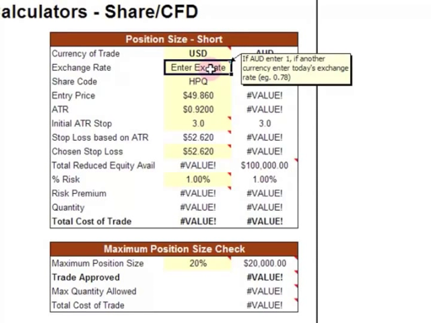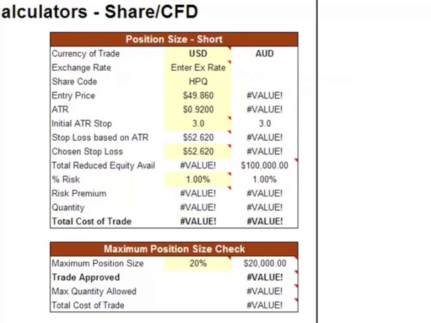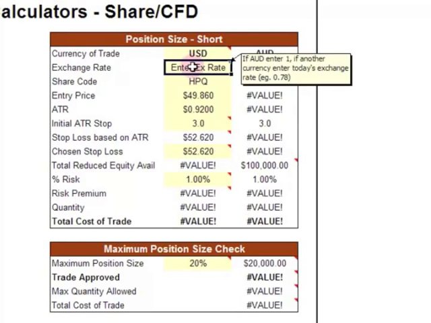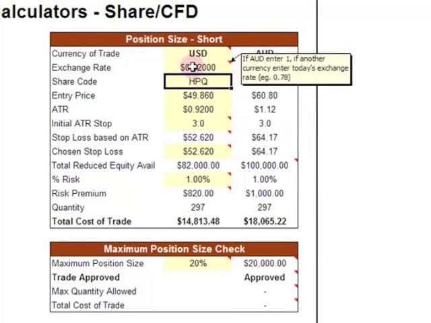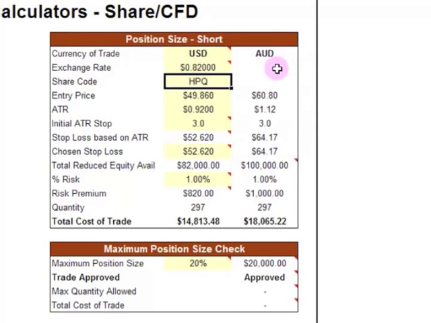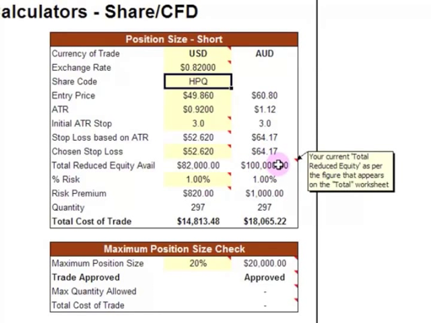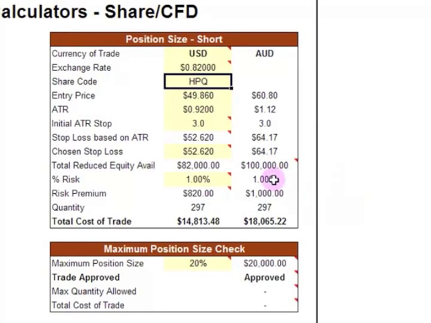And the current exchange rate is 0.82 at this point in time. Based on 82 cents, it converts it to Australian dollars on the other side. And based on having an account of 100,000, if you were to risk 1%, you could pretty much buy, or I should say short sell, 297.